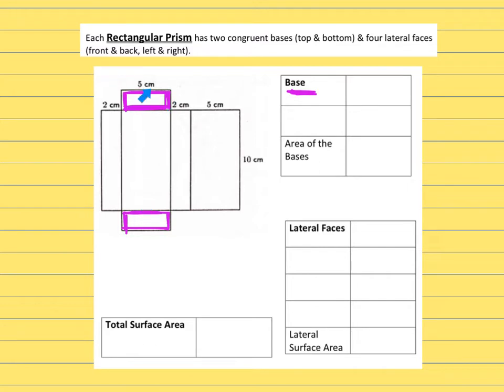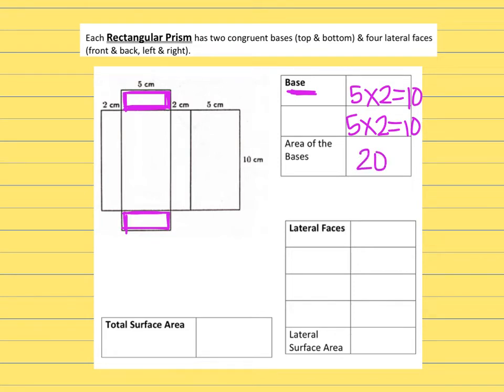And because I have 2 of them, and they're the same, I am going to put them both in my box over here. And a rectangle is just base times height. So 5 times 2 is 10. And I'm going to do the same thing for the other piece that's congruent. When I add both of those together, that makes 20.